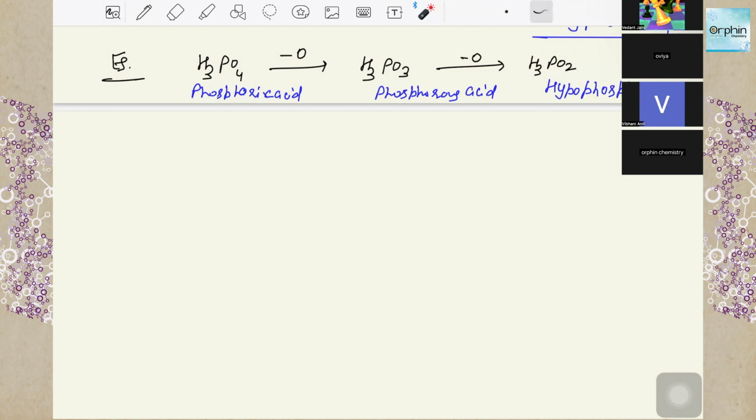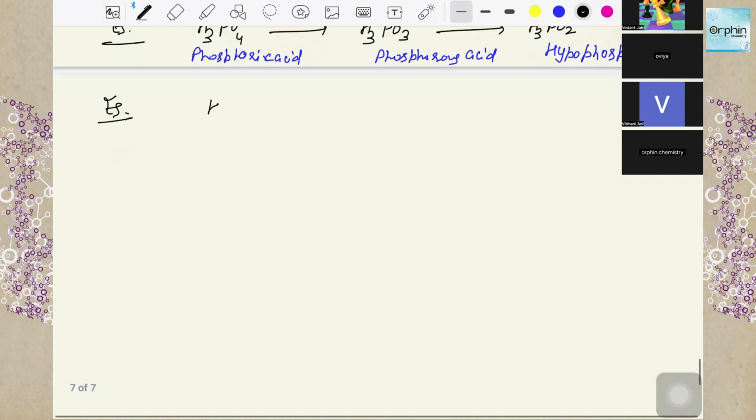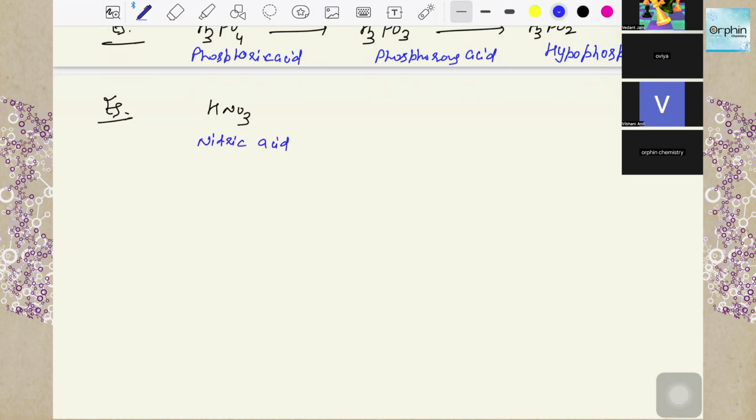Next we can have HNO3. HNO3 is nitric because nitrogen is present in +5 oxidation state. Then if we remove one oxygen, it becomes nitrous. This is nitrous acid. Clear?